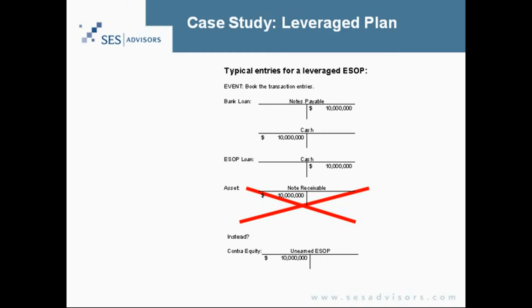Well, this is where SOP 93-6, that concept of related entities, is very important. We don't view that $10 million receivable from the ESOP trust as an asset.